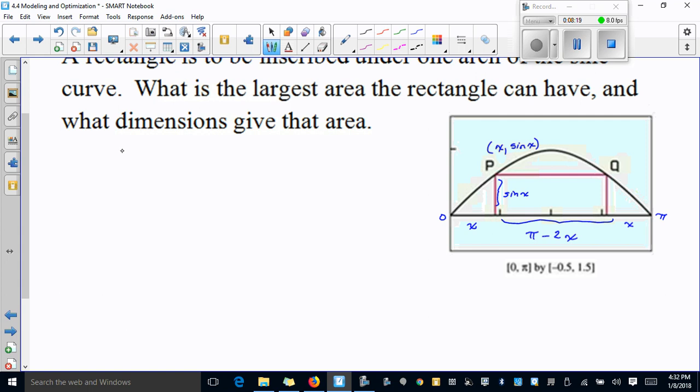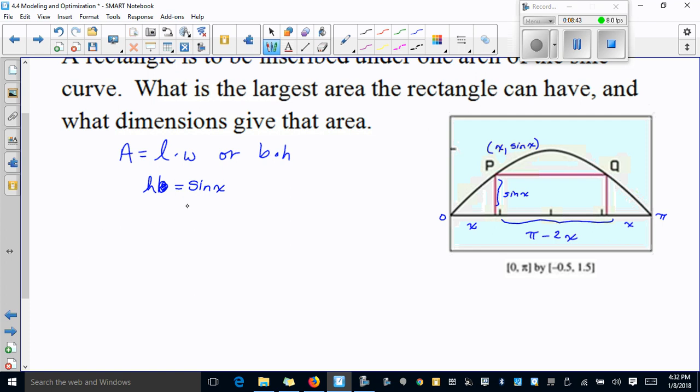So for a rectangle, area is equal to length times width, or you can go base times height. Since we're looking at it, we can count this as the base and this as the height. So I know that my base is equal to sine of x, and I'm sorry, that's the height.